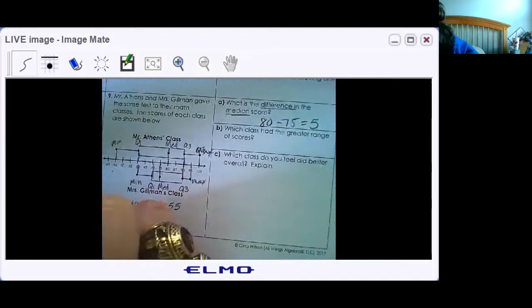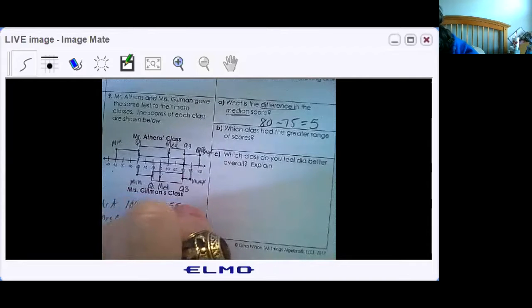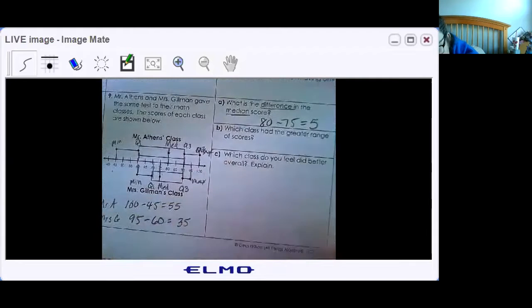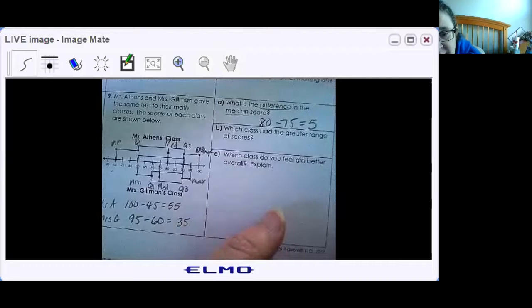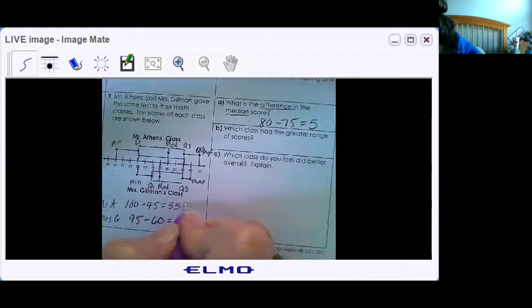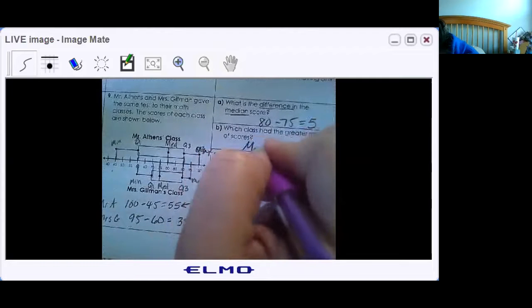Mrs. Gilman, her maximum score was a 95, her minimum score was a 60, so that's 35. So which class had the greater range of scores? Which class had to take more steps to get from the smallest score to the largest score? That would be Mr. Athens.